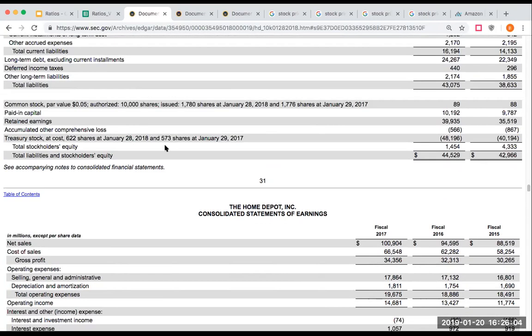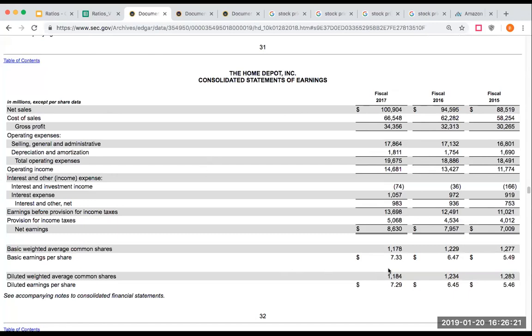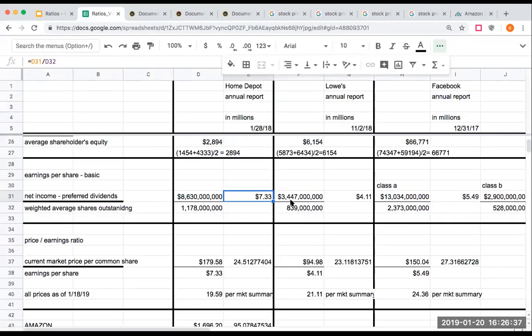It's because Home Depot has been going through and repurchasing shares. Just in that one particular year, they bought about 40 million shares back. So when you look at that weighted average shares outstanding, that gets taken into consideration. So here, the basic weighted average common shares are about 1.17 billion, giving us our basic earnings per share right here of $7.33. So this is kind of how that number is being generated.